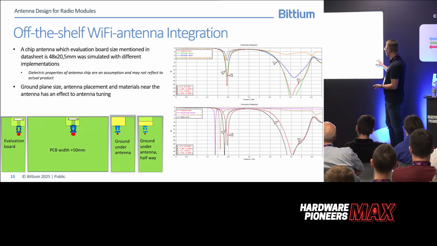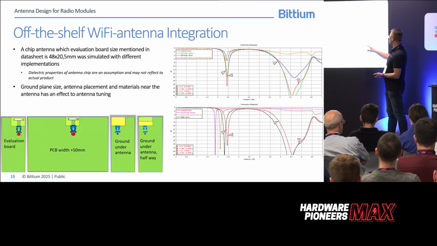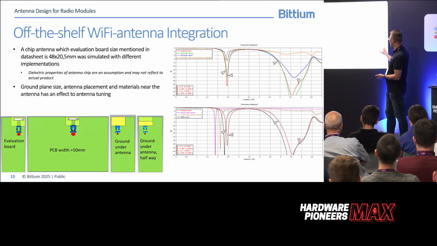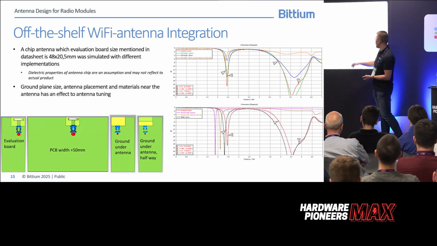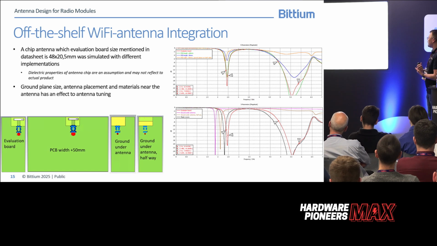What happens is that you don't have any radiating resonances at the 5 gigahertz band, and the 2.4 gigahertz band has moved about 500 megahertz lower in frequency. So you have poor connectivity on both frequency bands.